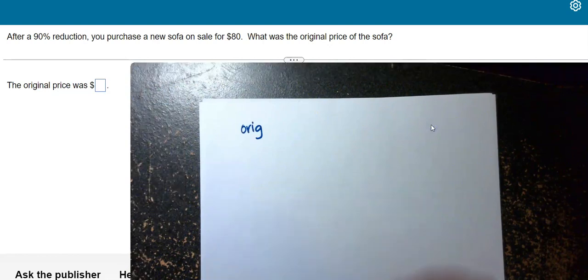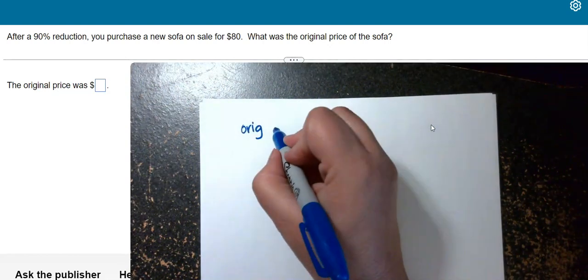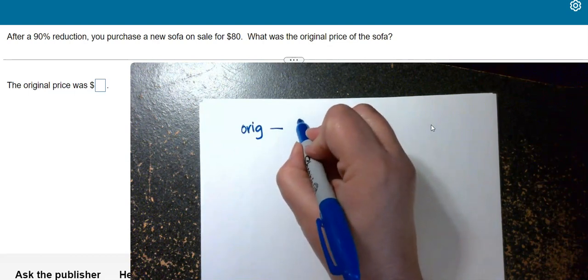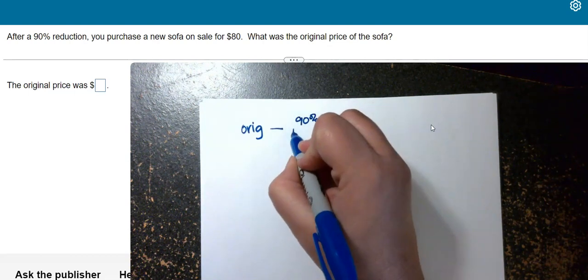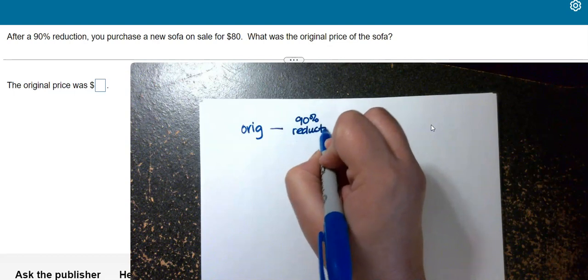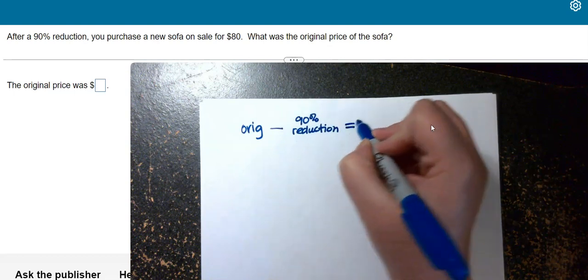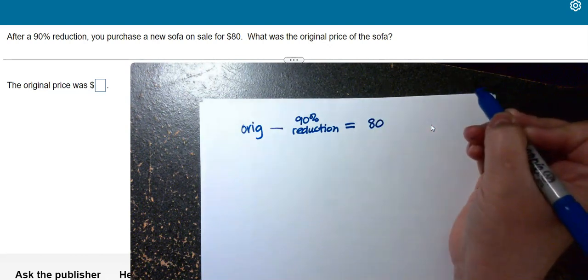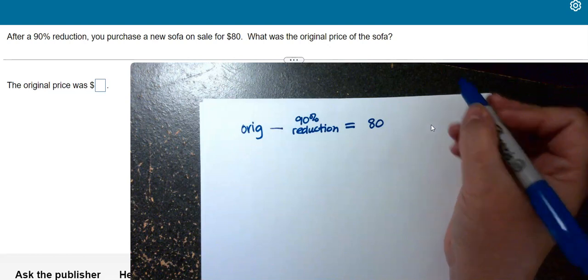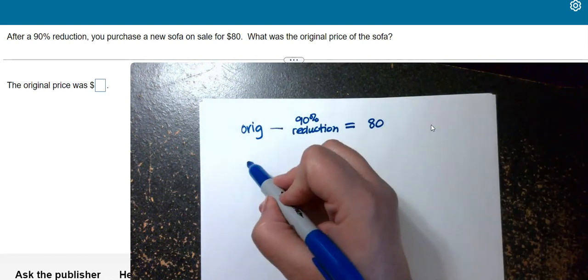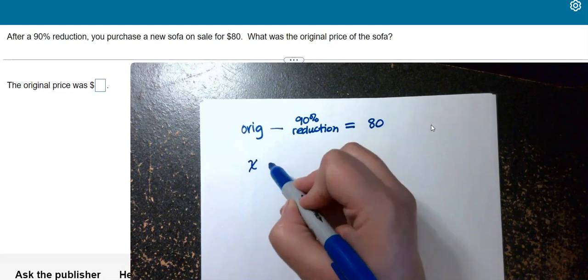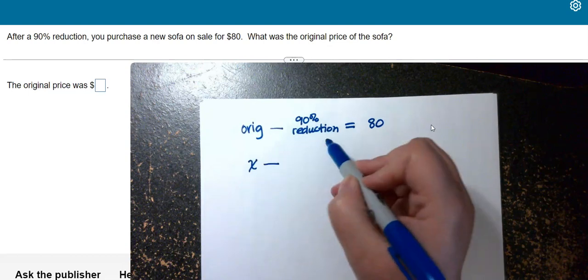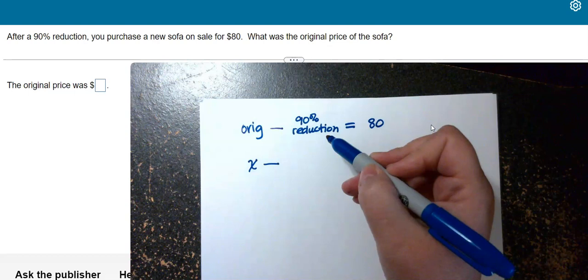All right, the original price minus a 90% reduction, and I'm just going to write it like this for a second. This is not really mathematical yet. It gives me the new price, the sale price, that's $80. Now, I'm going to call the original price of the sofa X. X minus a 90% reduction. 90% of what? 90% of the original price.